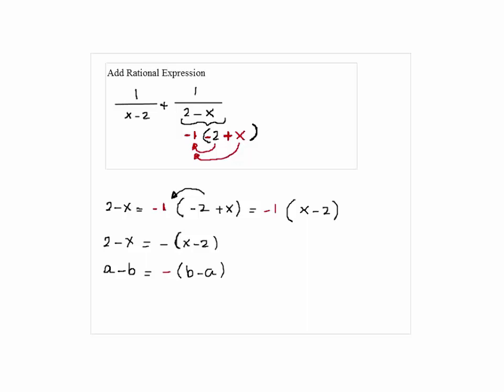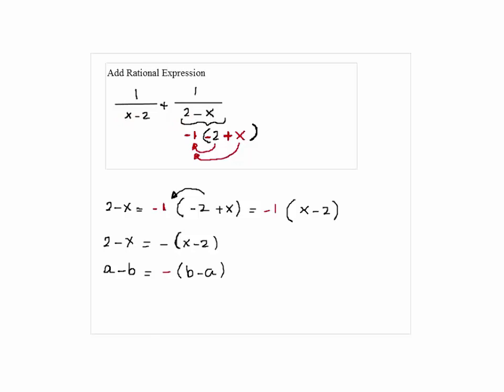Because if I distribute, -1 times b is negative b, which is right here. -1 times negative a is plus a, which is right here. And that's exactly what we have here. We have x minus 2, and this is 2 minus x.